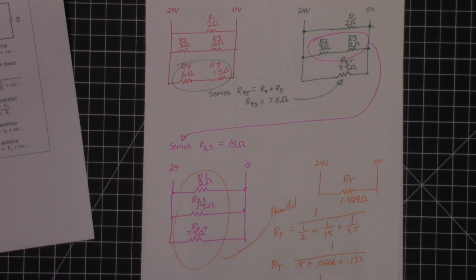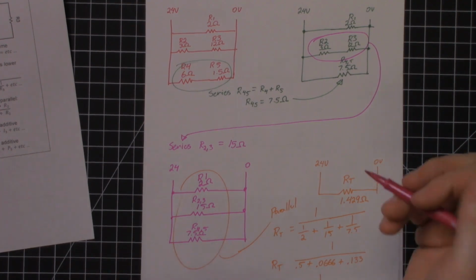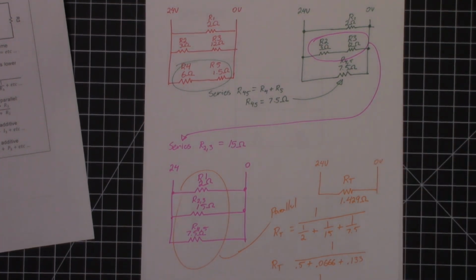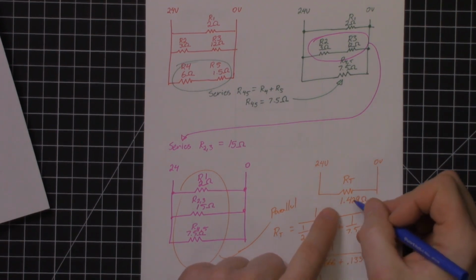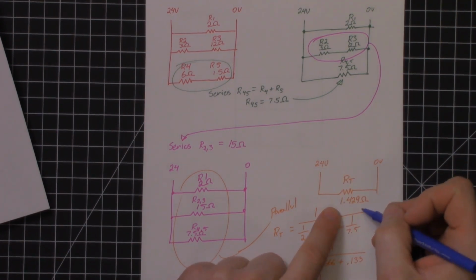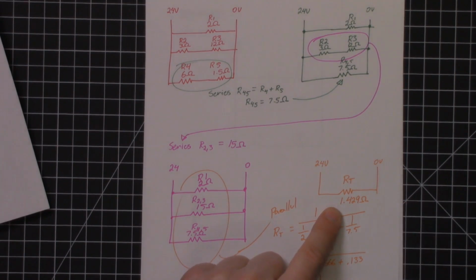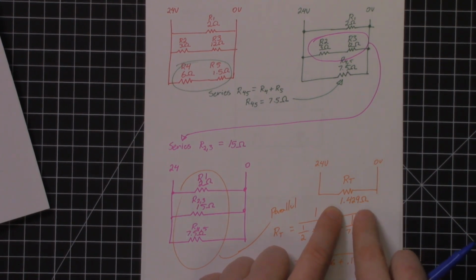We know all the resistances, we just need to find voltages and currents, and it's an exercise in Ohm's law. So let's go through this and figure out what our voltages and currents are in the rest of the circuit. Here we have 24 volts, 1.429 ohms. We can use Ohm's law to figure out the current in this circuit.